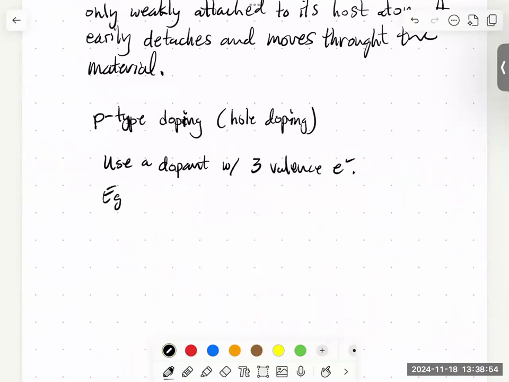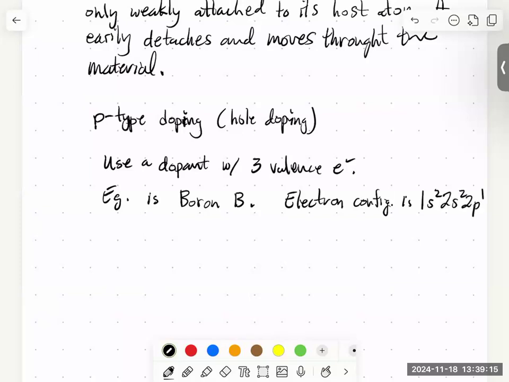An example is boron, B. Its electron configuration is 1s2, 2s2, 2p1. This time, the valence electrons happen to be in the second shell. So the second shell is the valence shell.